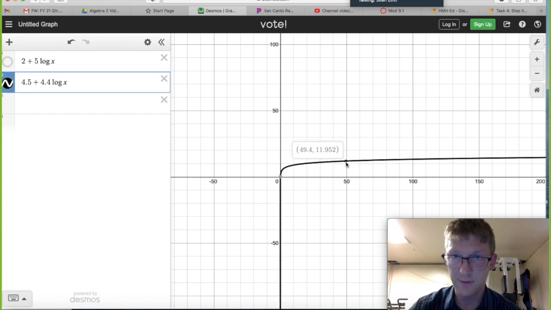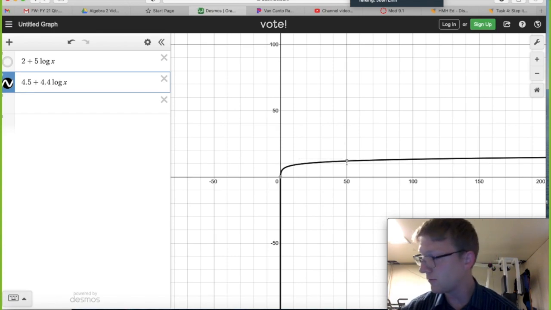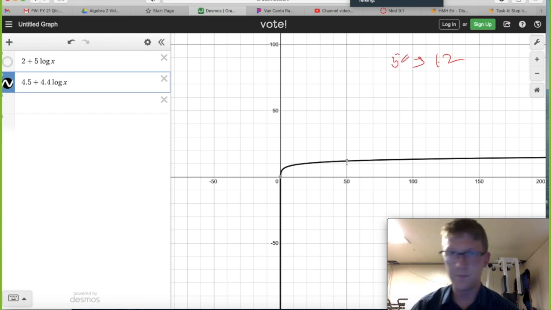So we can check 50. 50 is 11.9, we'll say 12. I'm just going to write that down on the screen so that I don't forget it. Now we need 600.